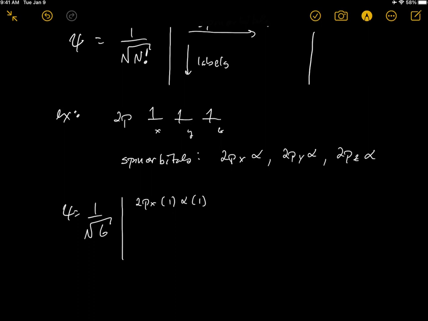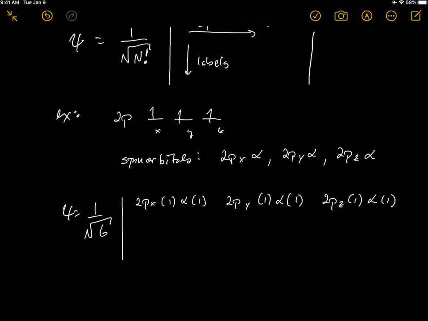The whole row has all the labels equal to 1. Then we go to our next spin orbital, which is 2py, 1, alpha, 1. And then the next one would be 2pz, 1, alpha, 1.